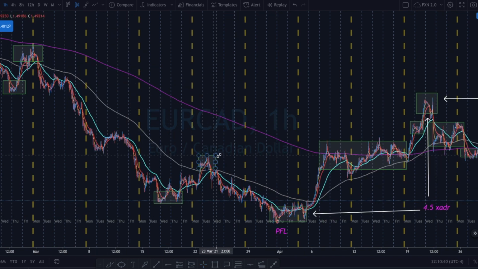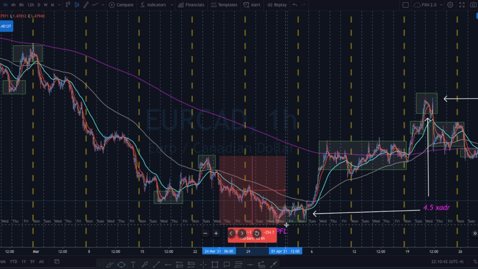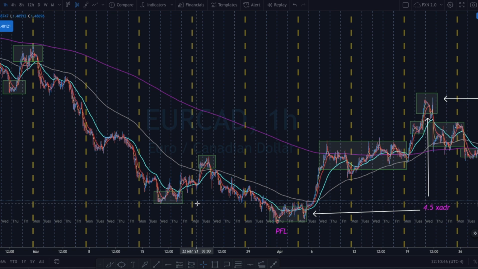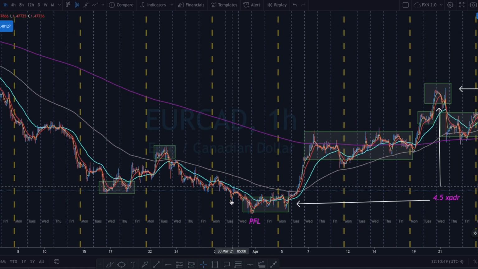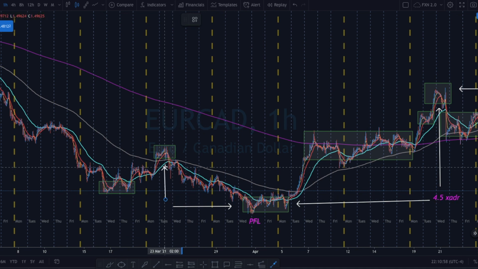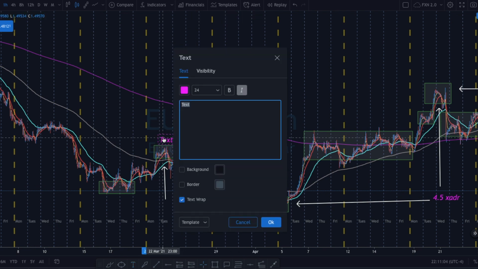From here to here is about 253 or so. So this is about maybe 2.8 times or so ADR. So I'll just do this here like this. And then this actually is a reset too. So I'll put peak formation high / reset.